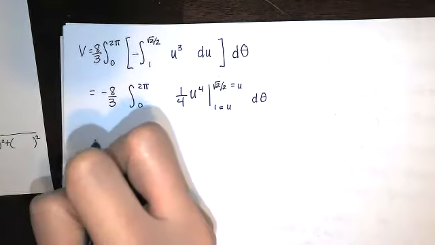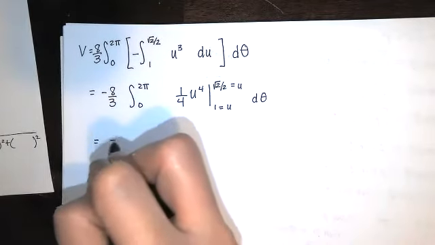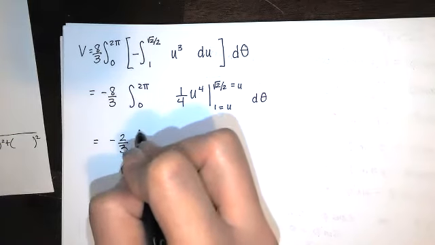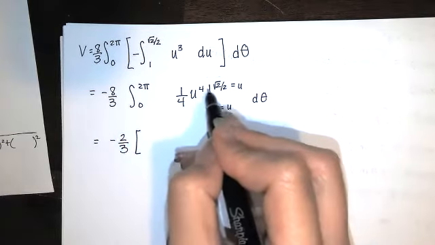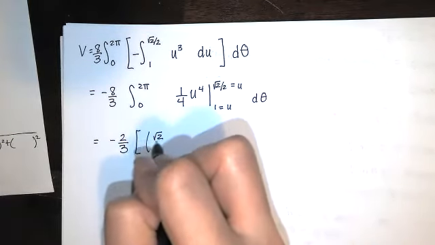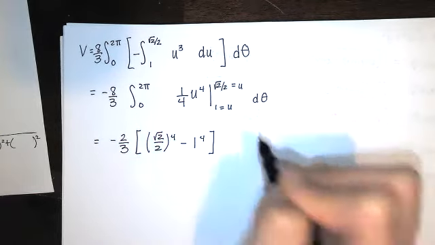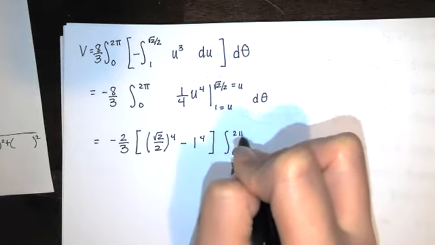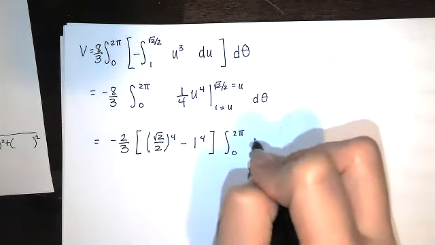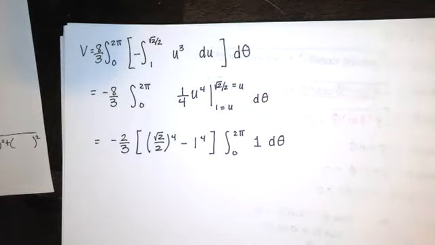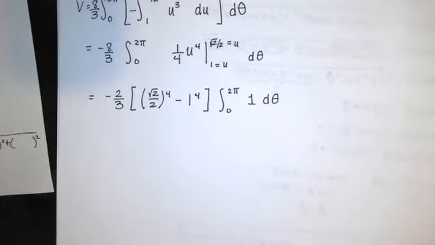So I've got 1/4 of this, so that's negative 2/3 out front. And then I've got times u to the 4th. So that's square root of 2 over 2 to the 4th minus 1 to the 4th. And we're integrating. You can factor all that out as a constant. So now we're left with the integral of 1 with respect to theta from 0 to 2 pi.